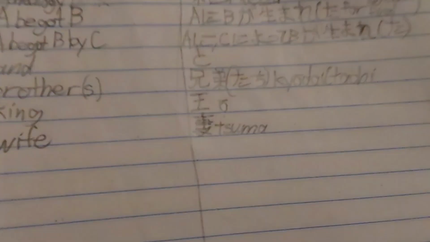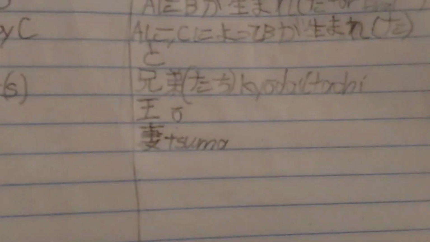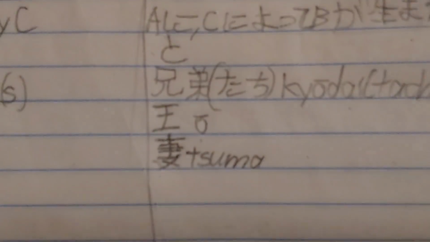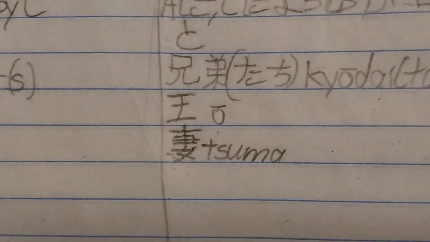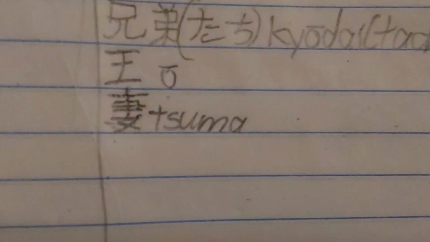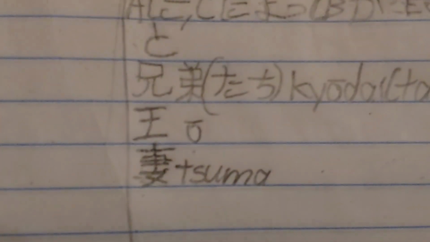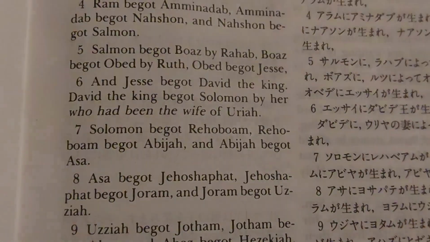Okay, so I'll pause. So I have it written in. Trying to angle it in a way that you can more clearly read and see my writing. Anyways, where was I?